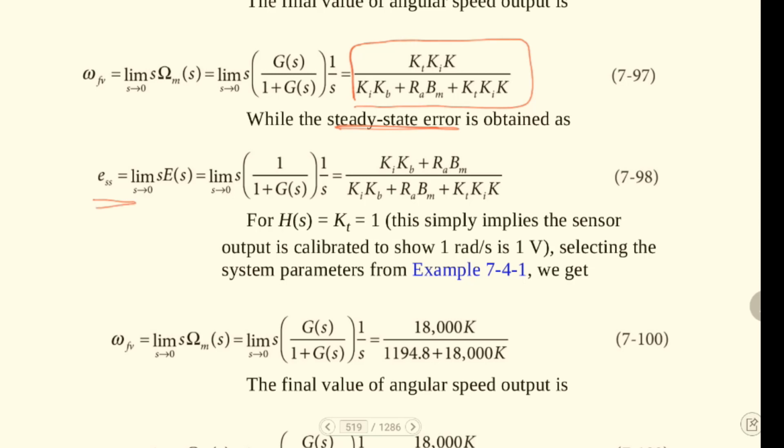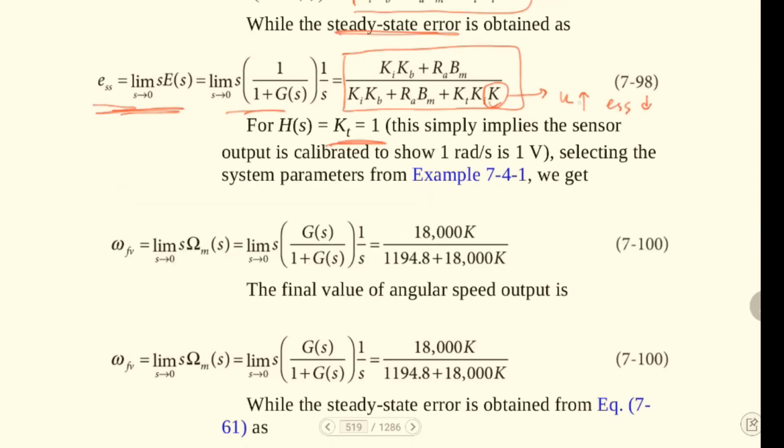But of course we have some limitations, such as saturation of the op-amp, motor limitation, or input voltage limitation. Of course we have some limit, but if we increase the k value, we can easily decrease the steady state error.